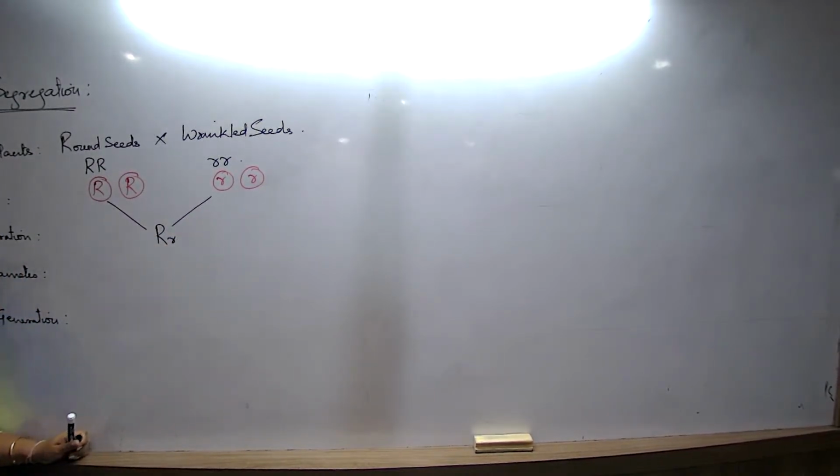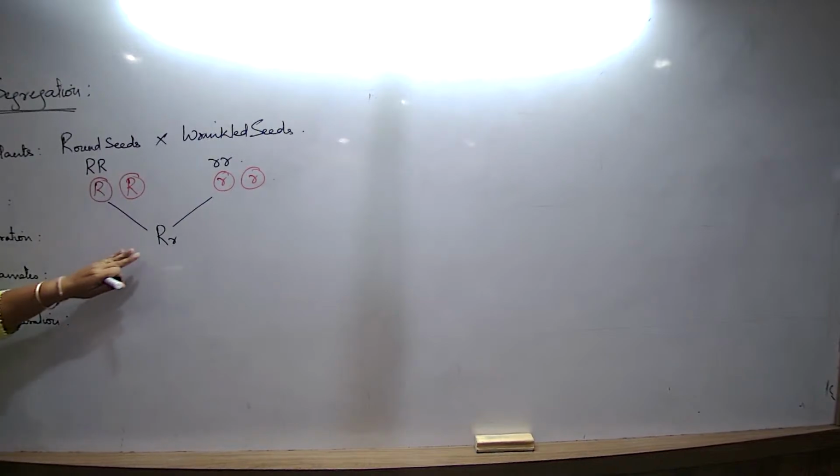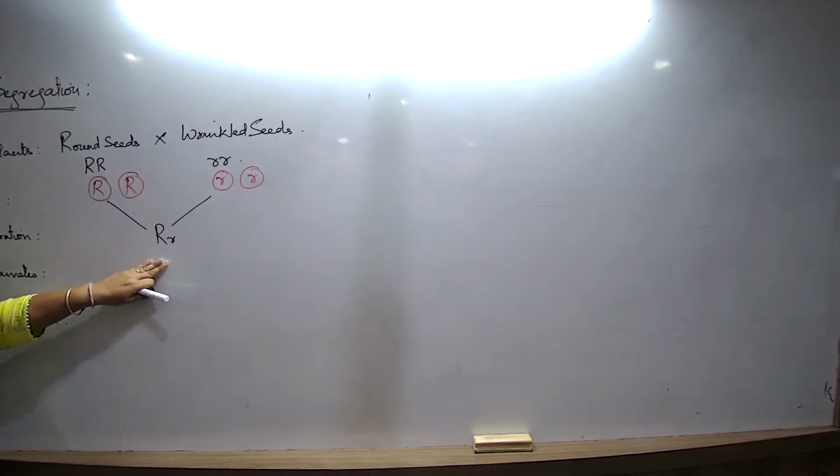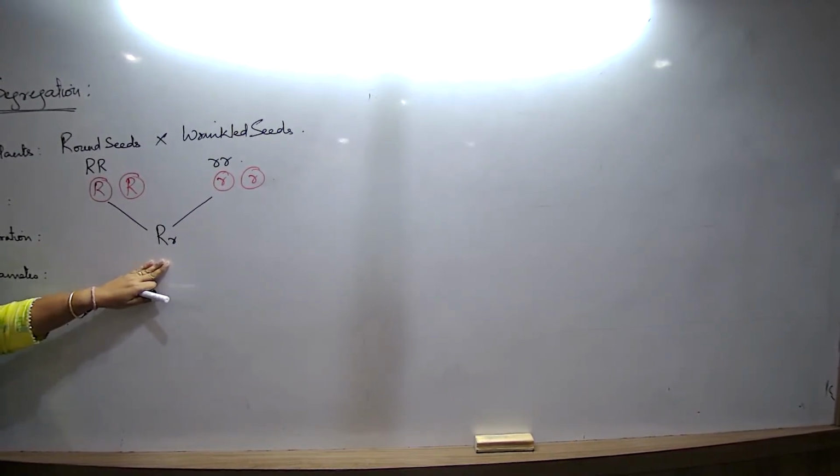Now that I write capital R and small r, is this known as genotype or phenotype? Genotype. What is genotype? The pair of alleles that you write. The combination of alleles that you write in letters, that we call genotype. What will it give rise to?